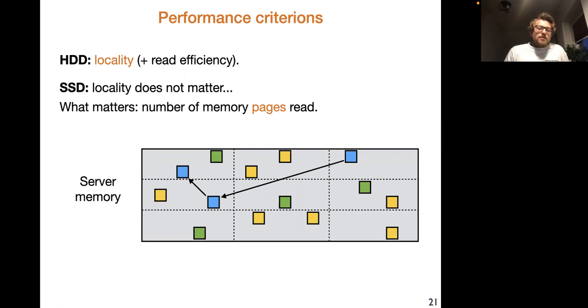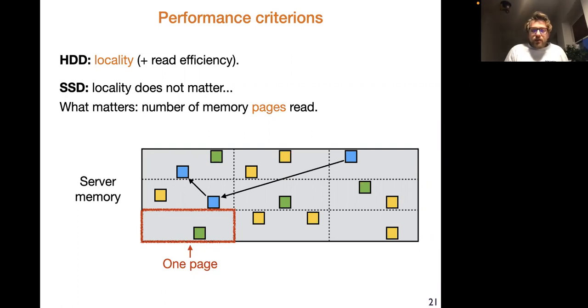In practice, usually those blocks are 4 kilobytes, and one of those 4 kilobyte blocks is essentially one page. And SSDs function in a way that whenever you access one page, it doesn't really matter whether you access one item in the page or you access the entire page.